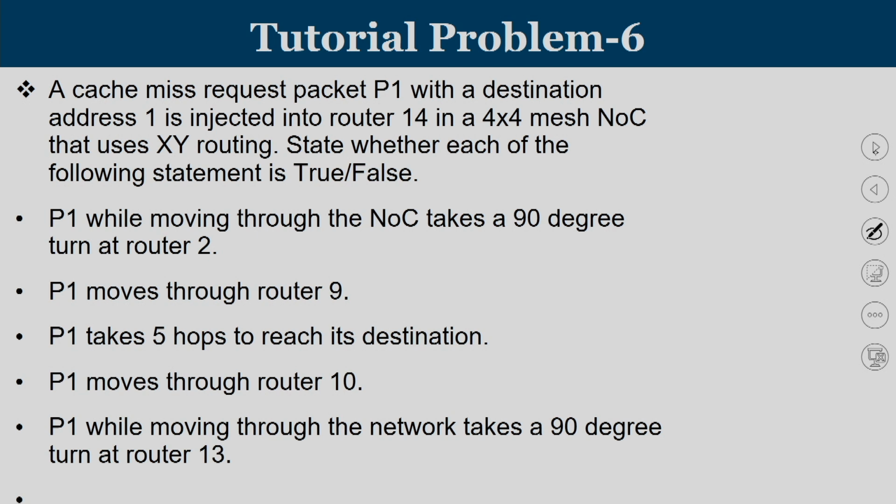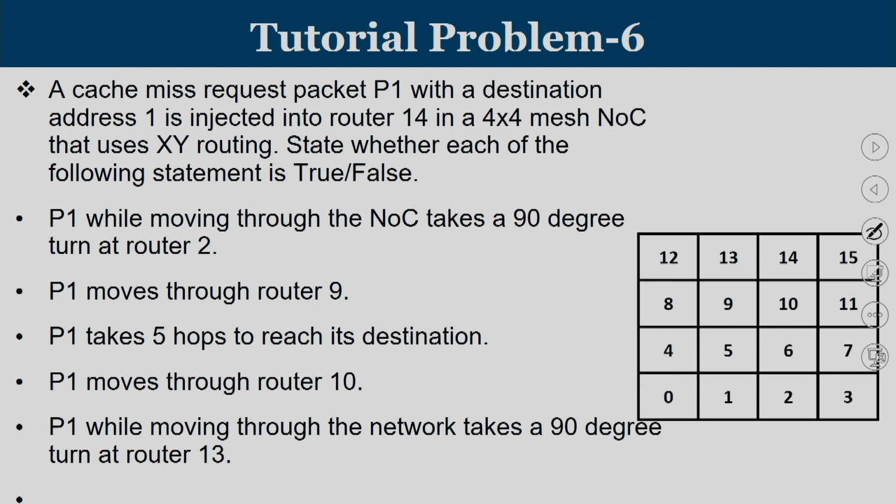Let us now move into the next tutorial problem. A cache miss request packet P1 with a destination address 1 is injected into router 14 in a 4x4 mesh NOC that uses XY routing. State whether the following statements are true or false. So, here we are talking about a 4x4 mesh NOC and the packet is injected at 14 and is going to 1.